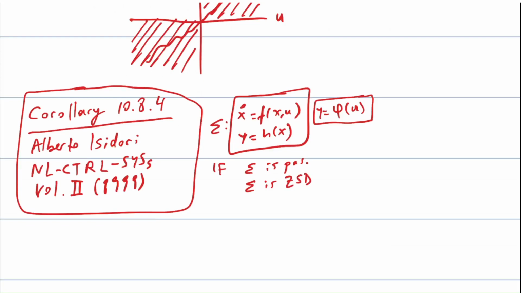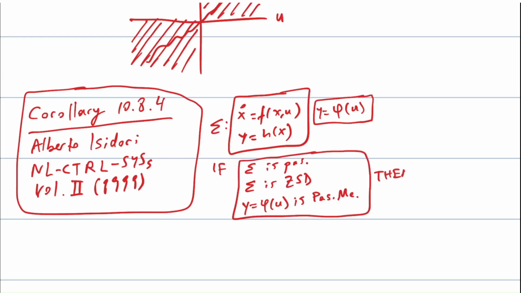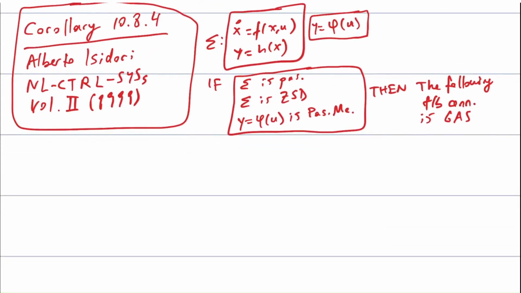And third, y equals phi of u is a passive memoryless system. Then the following feedback connection is globally asymptotically stable.